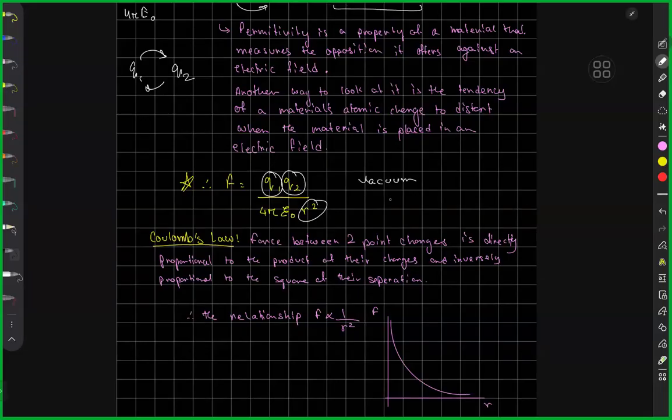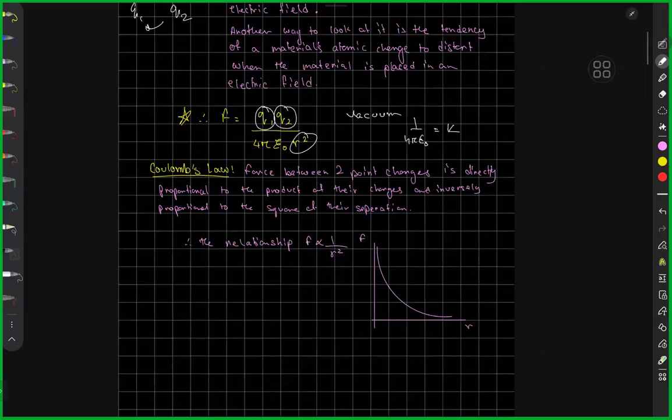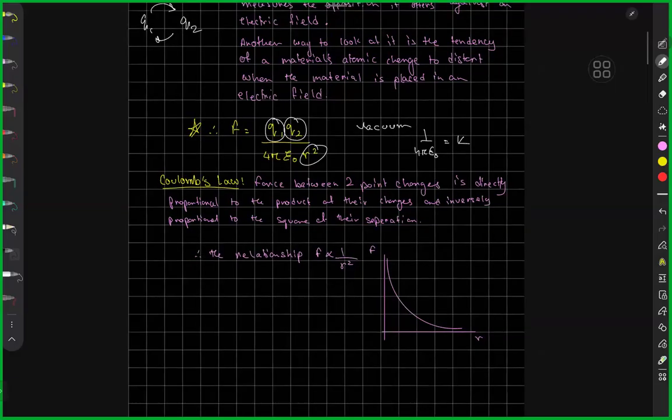Okay. 1 by 4 pi epsilon naught is K. Fair? This is your final equation of force applied on charges. This is Coulomb's law. Force between two point charges is directly proportional to the product of their charges and inversely proportional to the square of their separation.